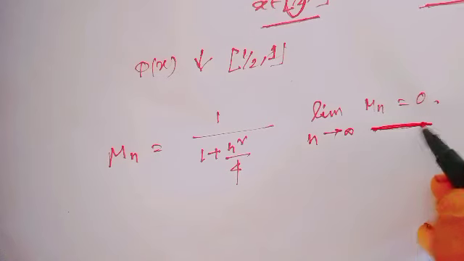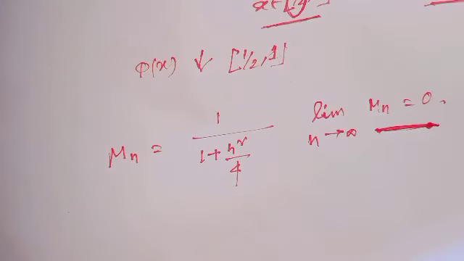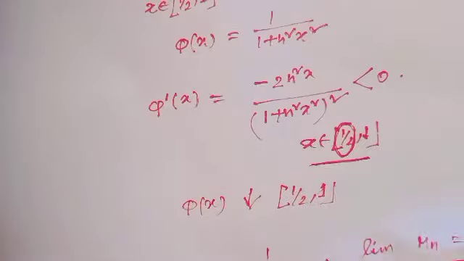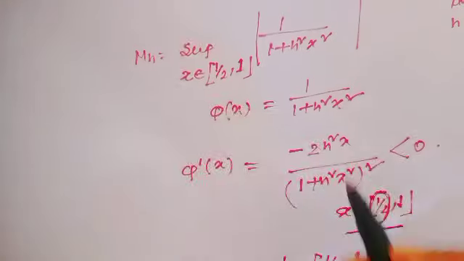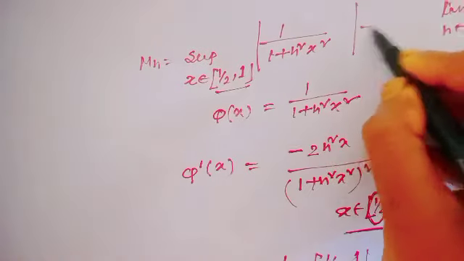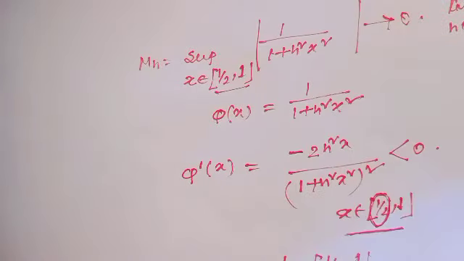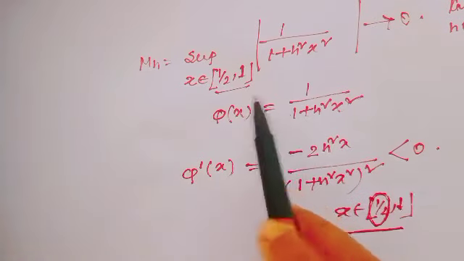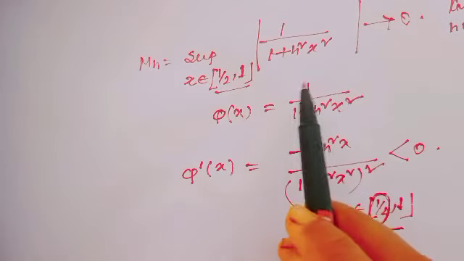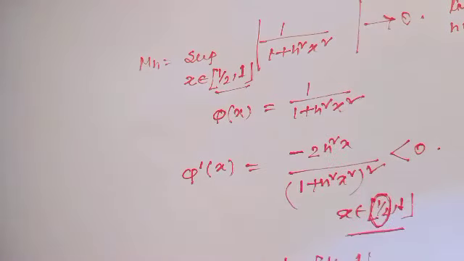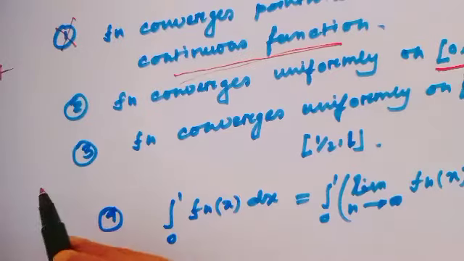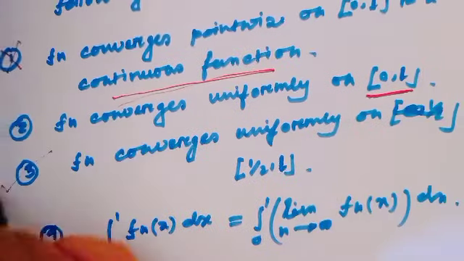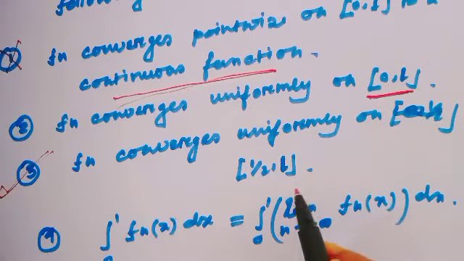Are you getting? That means obviously in this interval, since this tends to 0, the sequence of functions converges uniformly. Okay? Option 3 is a right option: Fn converges uniformly on the set [1/2, 1].